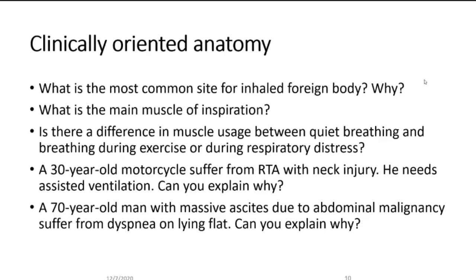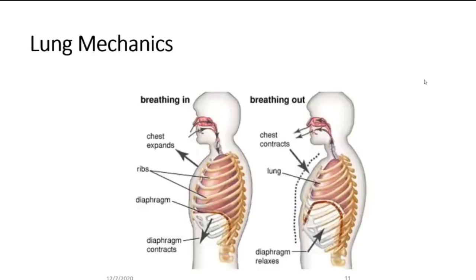This increase in the intra-abdominal pressure will splint the diaphragm. It will make the diaphragm not move easily. So when he lies on his back, all the abdominal contents will push into the thoracic cavity through the diaphragm. So when he wants to take a breath, he can't breathe properly. That's why the patient with massive ascites can suffer from dyspnea on lying flat.